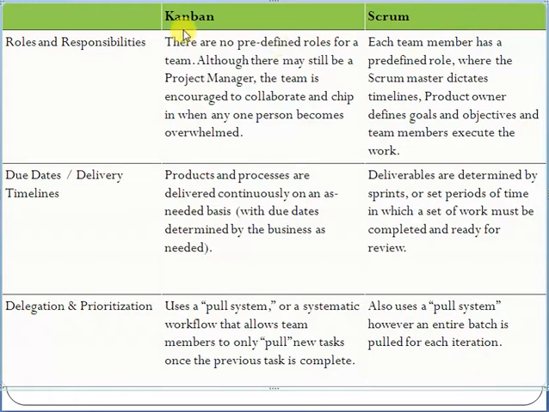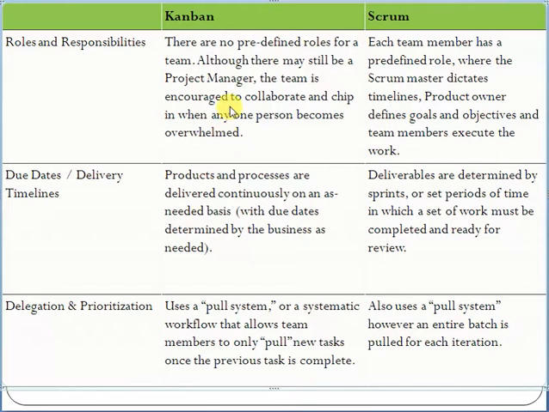Basically, friends, whenever we are implementing a software project using Kanban, there are no specific roles for a team. Although there may still be a project manager, the team is encouraged to collaborate and chip in when any one person becomes overwhelmed.